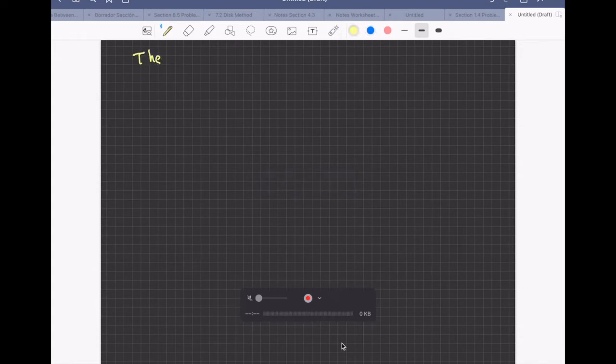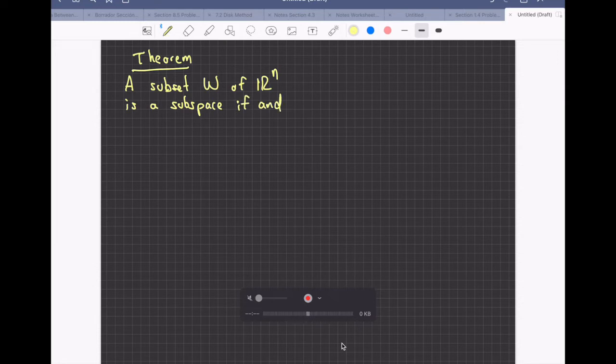Theorem. A subset W of Rn is a subspace if and only if we can verify three conditions.